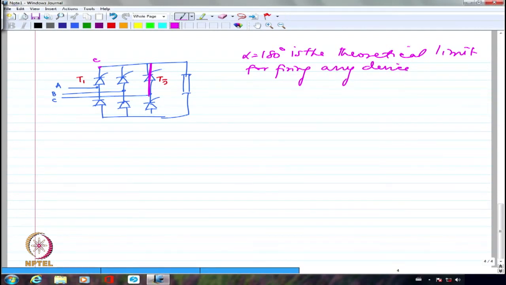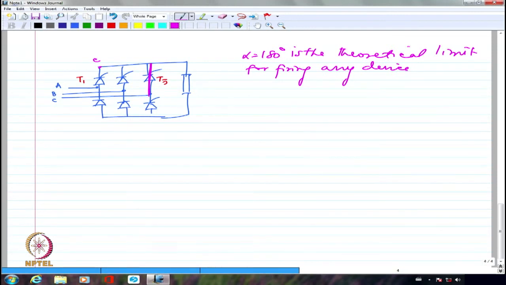I am looking at basically the previous device which is conducting, that is bringing in some line voltage. And the new device which is going to get in is going to have a phase voltage on the other side. So the line voltage which is coming across the device has to be positive. If that is not positive, there is no way you can fire that particular device. So alpha equal to 180 degrees is the theoretical limit that we generally set for making sure that the device gets into conduction.